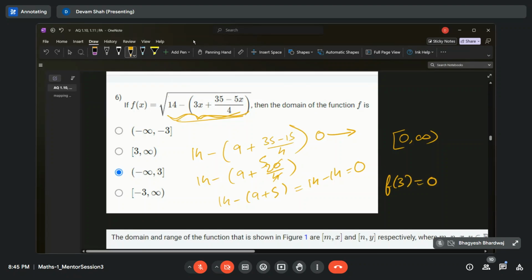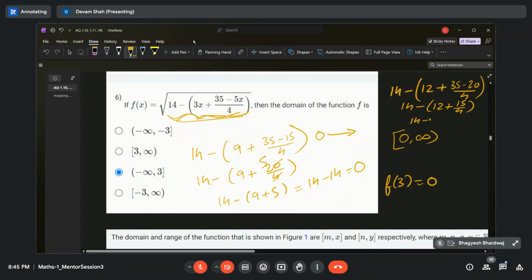Now anything less than 3, you can clearly see, for example, let's take 4. 14 minus 3 fours are 12 plus 35 minus 5 fours of 20 by 4. 14 minus 12 plus 15 by 4, right?